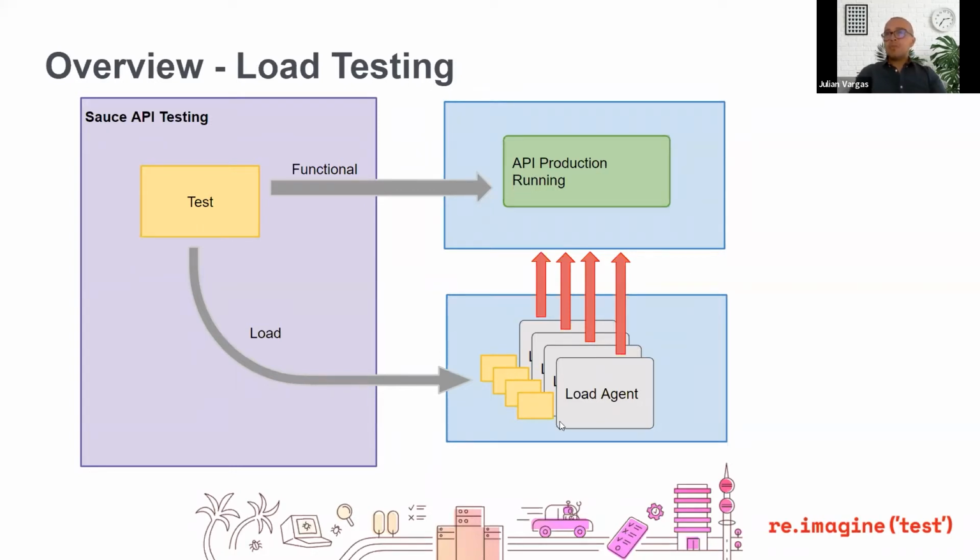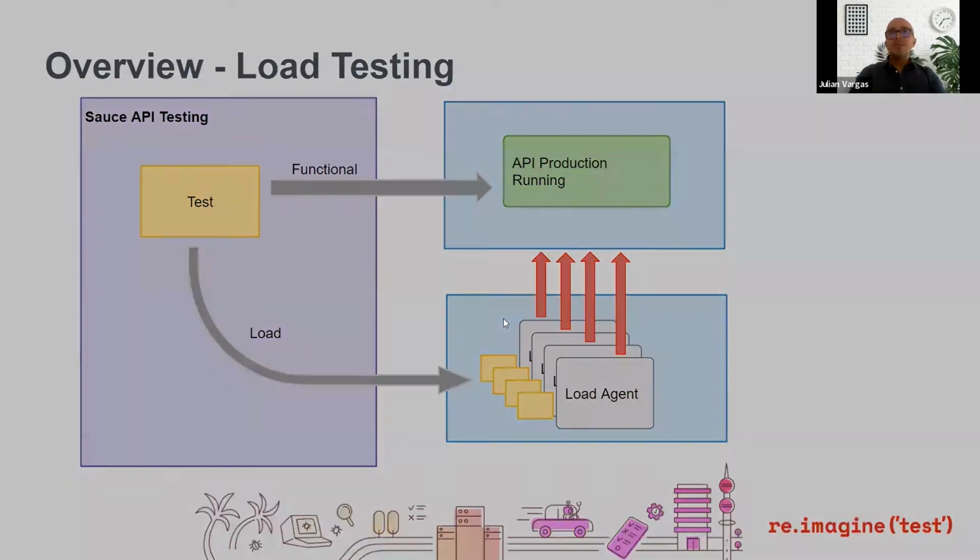Every load agent will receive a copy of the functional test and will execute it simultaneously in order to hammer the API, simulating real traffic from the users. This is what we are doing today, with the difference that everything will be running on my local computer. Therefore, I won't have a different machine for running the application and running the load agents. Everything will be running on the same machine.